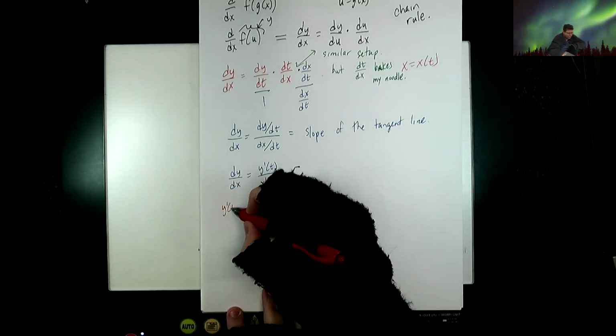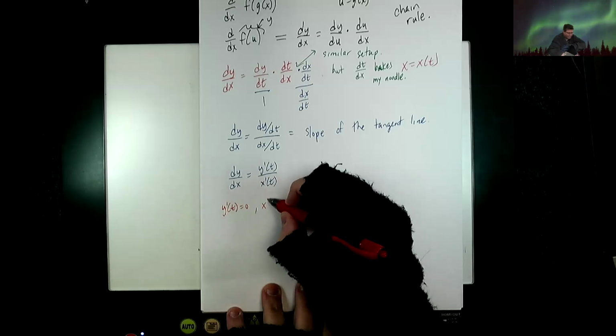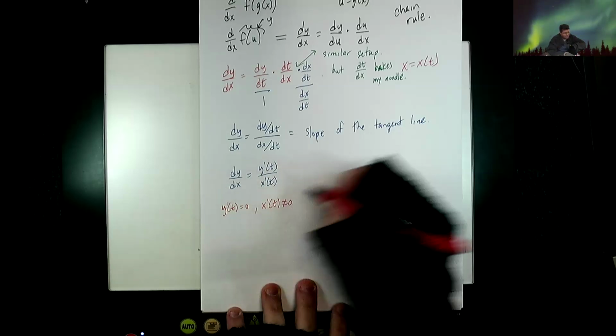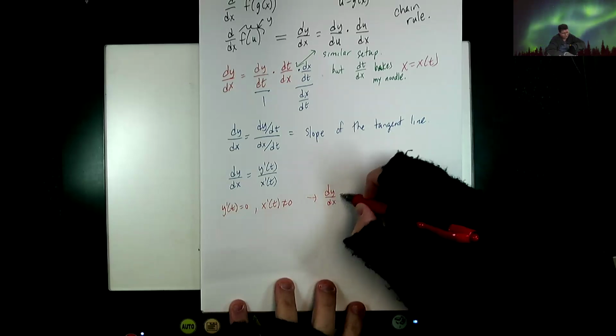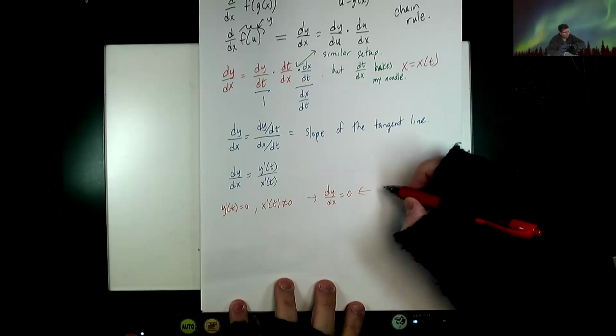If y prime of t equals 0 and x prime of t does not equal 0, then dy/dx equals 0, and we have a horizontal tangent line.